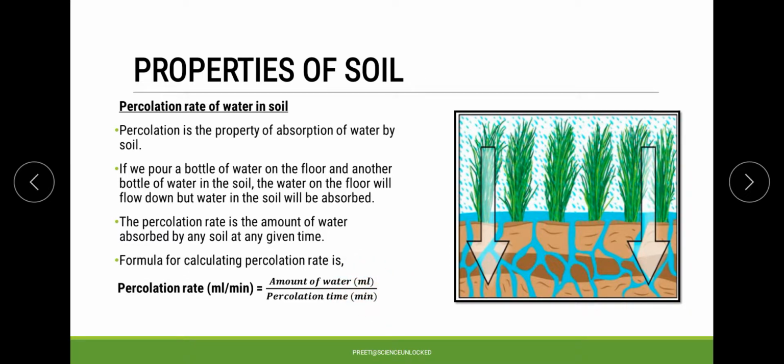So the unit of this property, the percolation rate, is milliliter per minute, which tells how much water is absorbed by the soil in 1 minute. Or in other terms, percolation rate is basically the amount of water absorbed by soil in milliliters in 1 minute. So that is the whole concept related with the percolation rate of water.